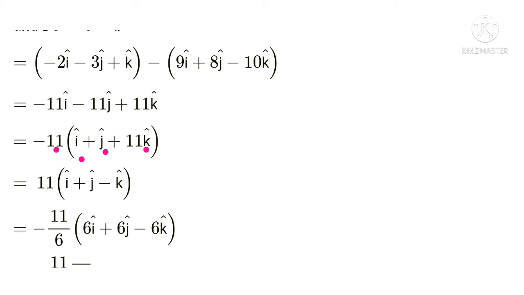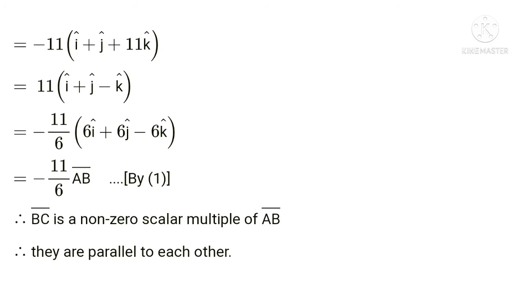You can write this as minus 11 upon 6 into bracket 6i cap plus 6j cap minus 6k cap.